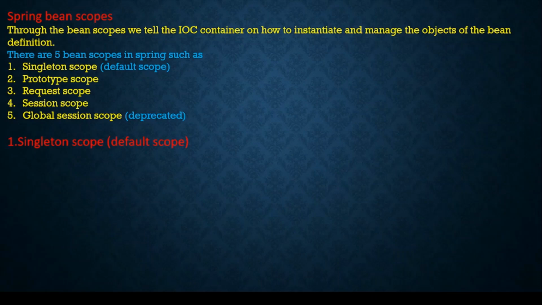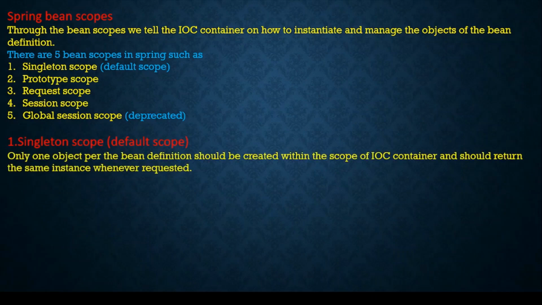What is singleton scope? In singleton scope, only one object for the bean definition is created within the scope of the IOC container, and the same instance is returned whenever requested. That means whenever we call the get bean method, we are getting the object of the bean definition.